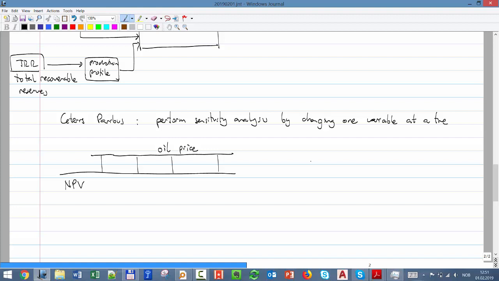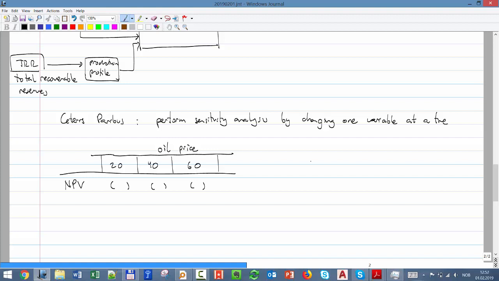They use a lot of very complicated technical decisions to decide on the number of wells, but then to see the robustness of the project, they just evaluate a few cases. So for oil price, for example, 40 is your base case, but then you try 60 and you try 20, and then you compute the NPV for each of these cases. Then you make another table for capex.